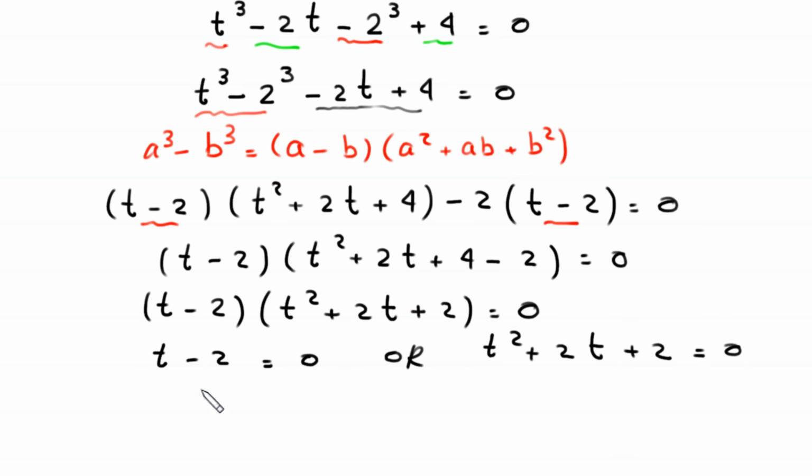From this equation we get the value of t is equal to 2, and from this equation we can rewrite this expression as t² plus 2t, this 2 is the same as plus 1, is equal to 0.